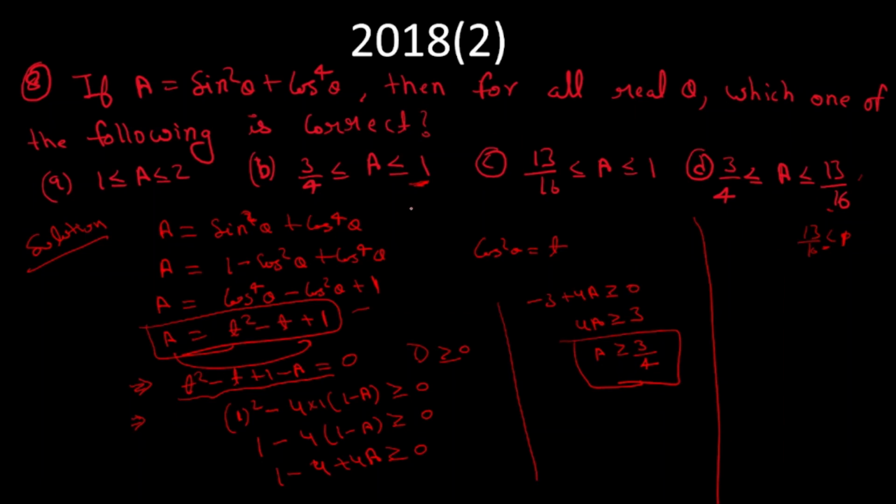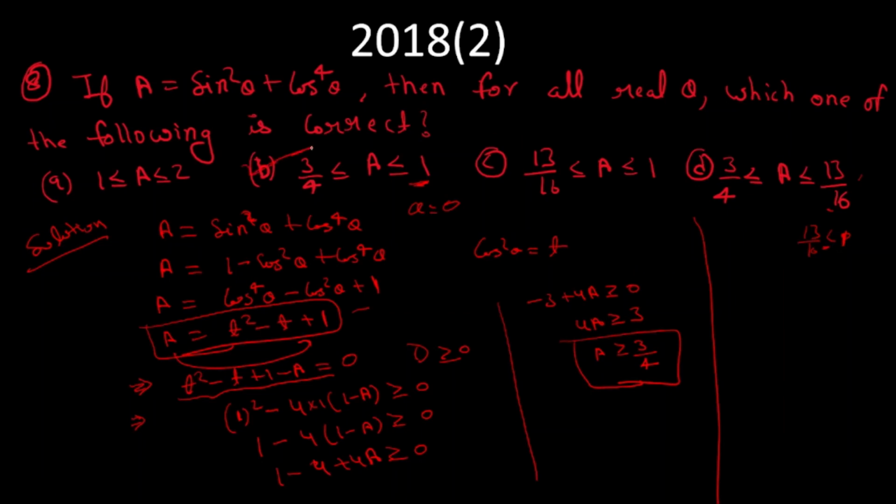Why? When theta is 0, cos theta becomes 1, so 1 power 4 gives 1, and sin theta becomes 0. So we know that it takes the value 1. No limit on theta is given here. So its maximum value is 1, and we also get the minimum value.